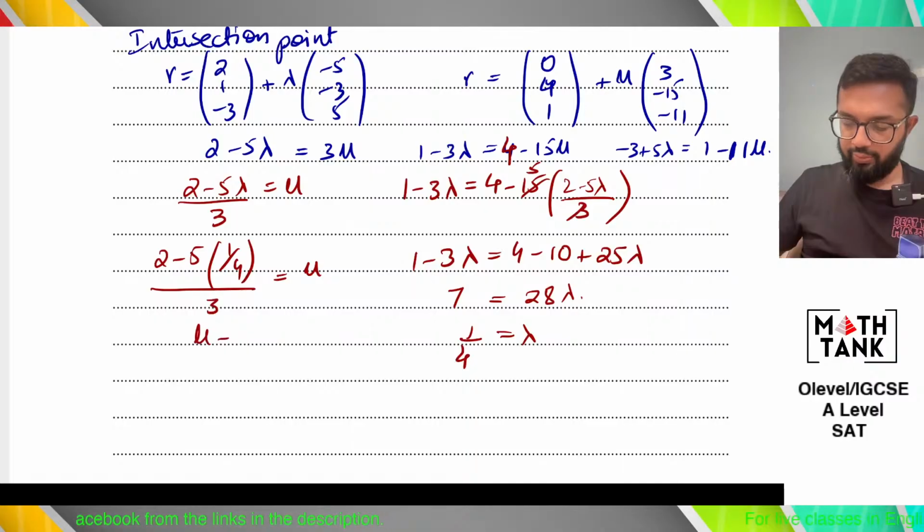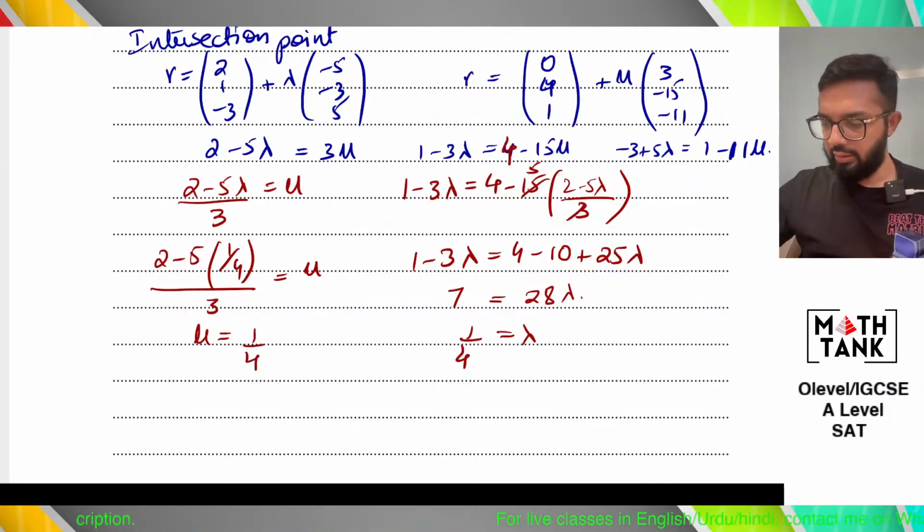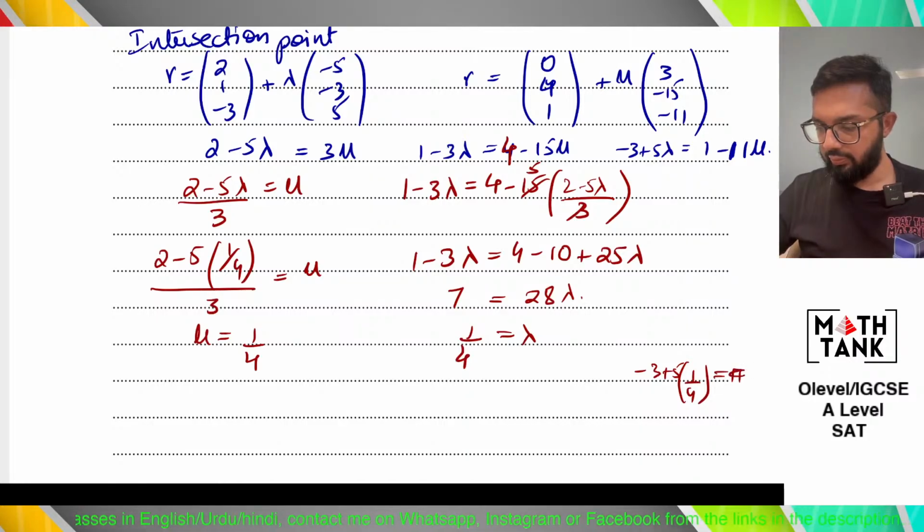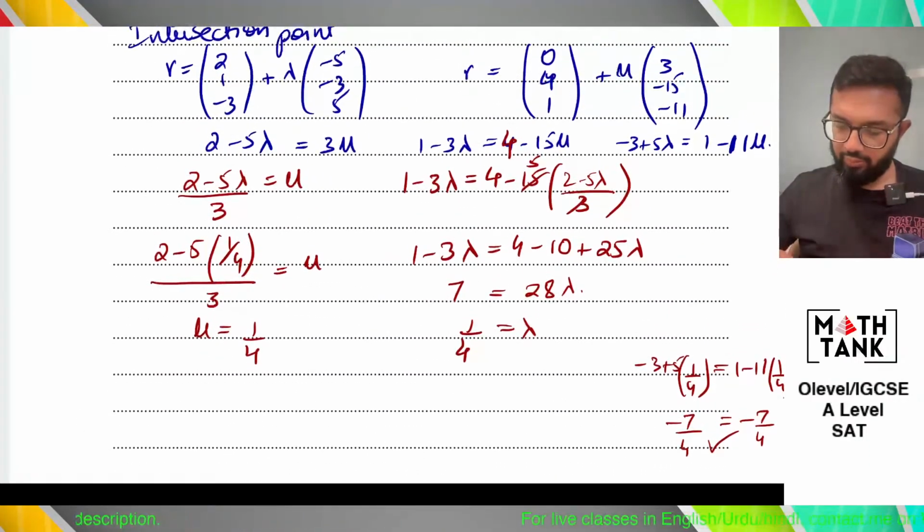Mu is also equal to 1/4. Let's see if it satisfies the third equation. Minus 7 over 4 and minus 7 over 4. Yeah.